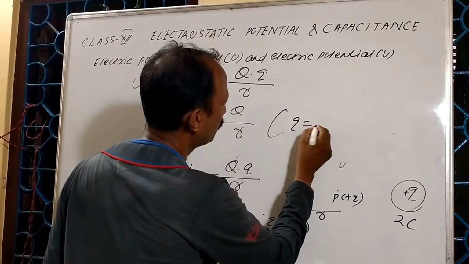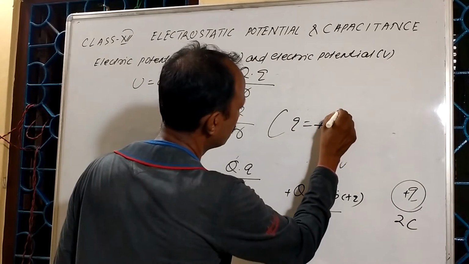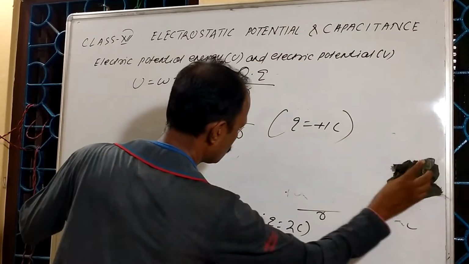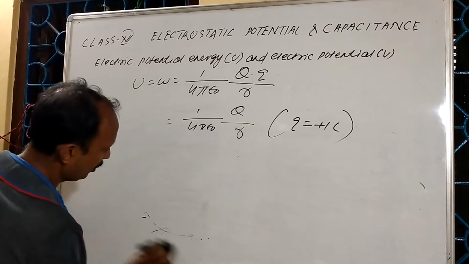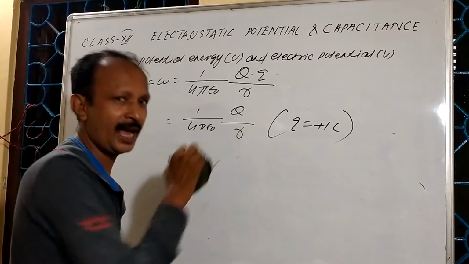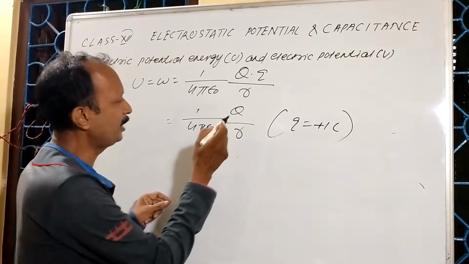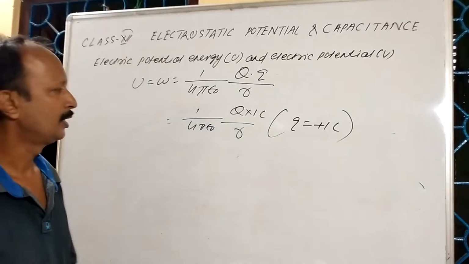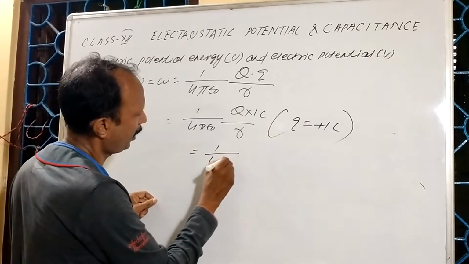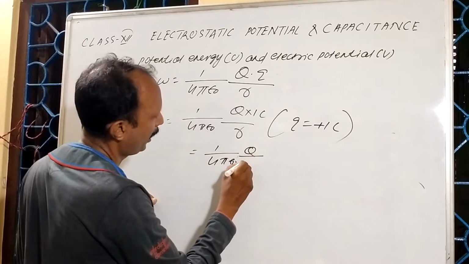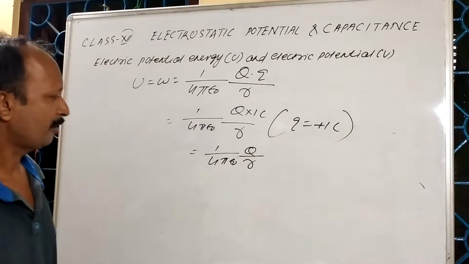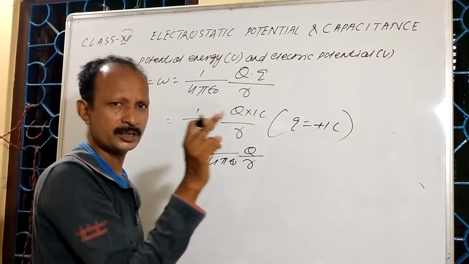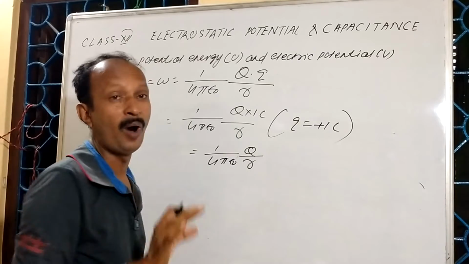Here q is equal to plus 1 coulomb. I have taken plus 1 coulomb. So this is the electric potential. Here in place of small q, I have written only 1 coulomb. That means 1 upon 4 pi epsilon naught Q by r. In this case, in place of a charge q, I have taken 1.